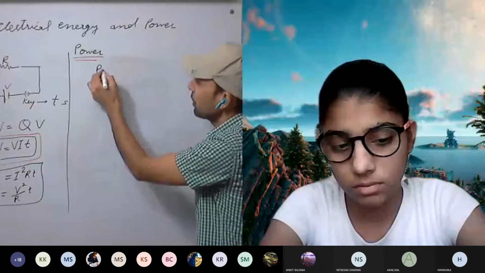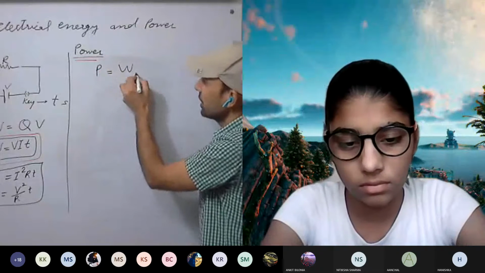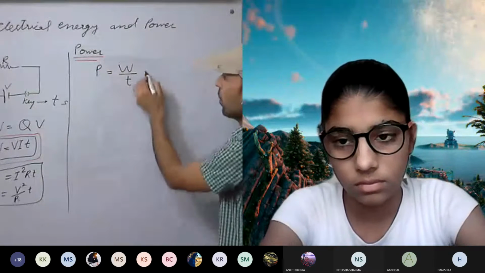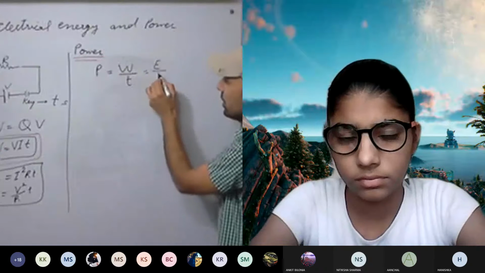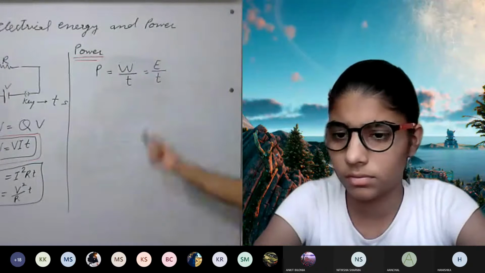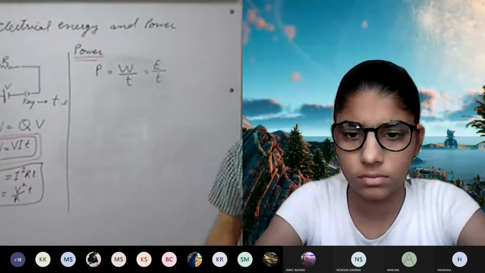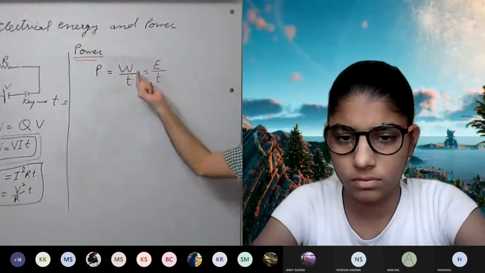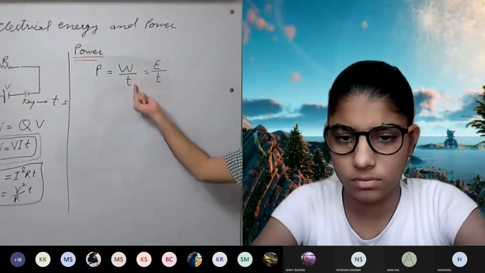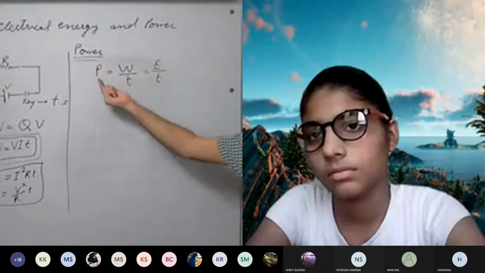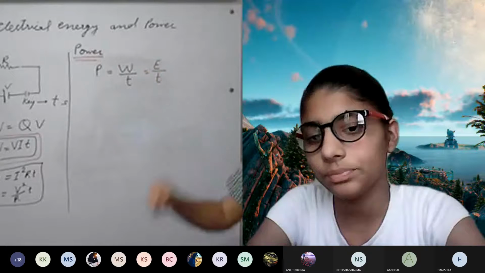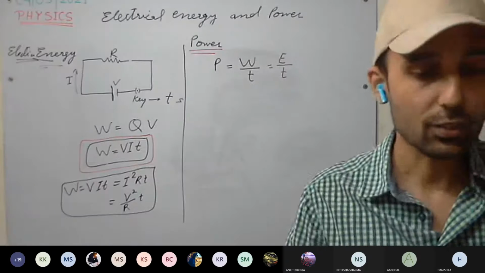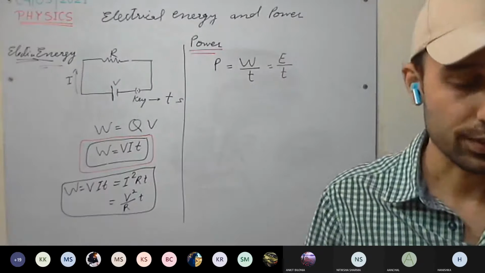It means power will be work done per unit time, or electrical energy per unit time. Per second, how much energy we are using, that is power. Per second, how much work is done, that is power.